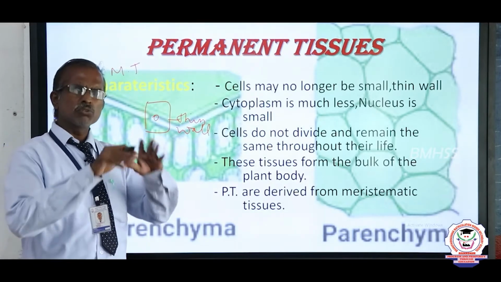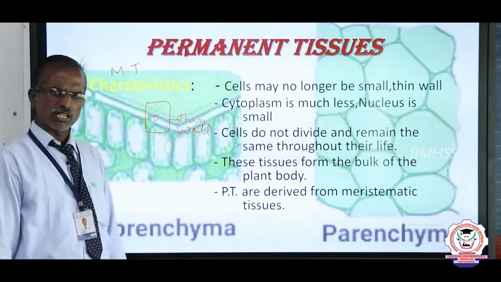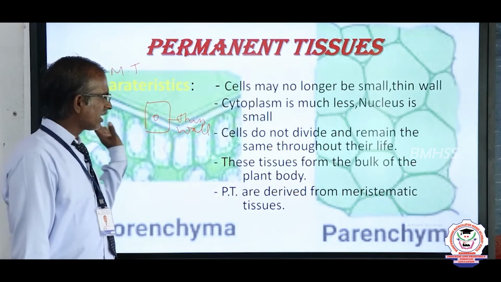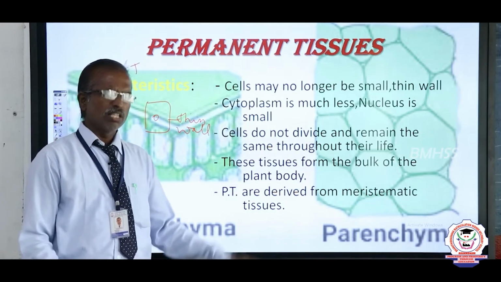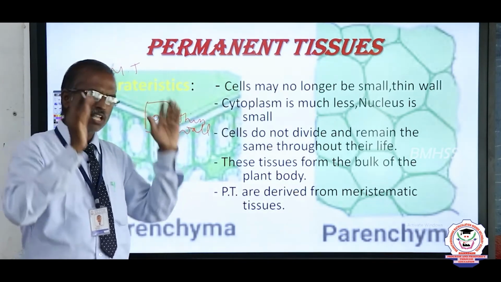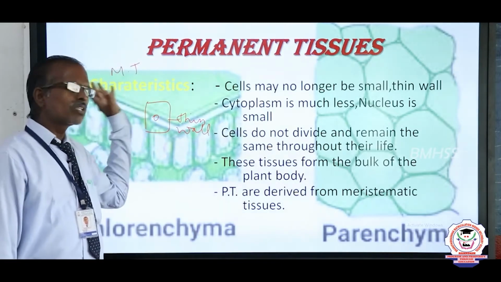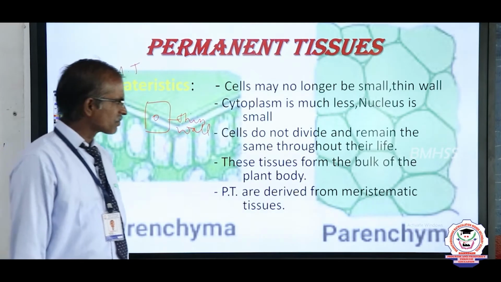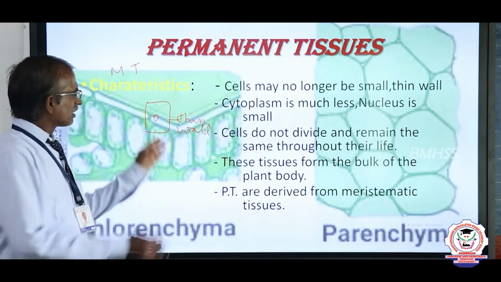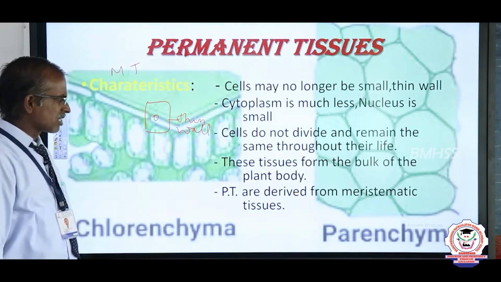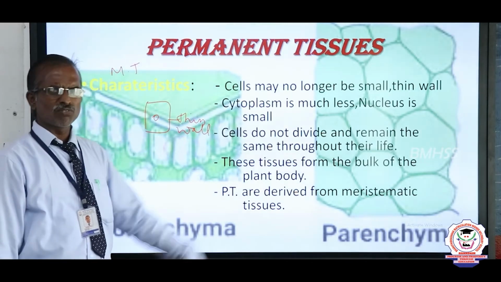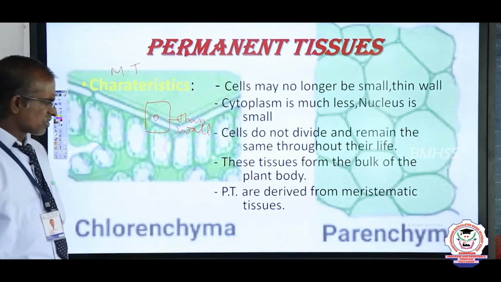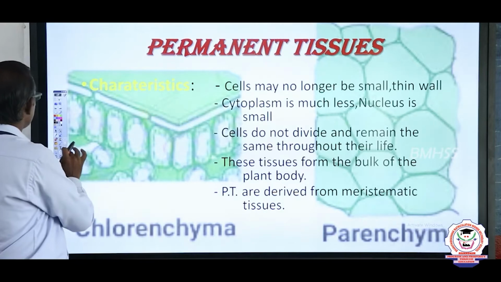These cells do not divide very actively. The cells remain in the same condition throughout their life. These are the main characteristic features. Permanent tissues are derived from meristematic tissues.